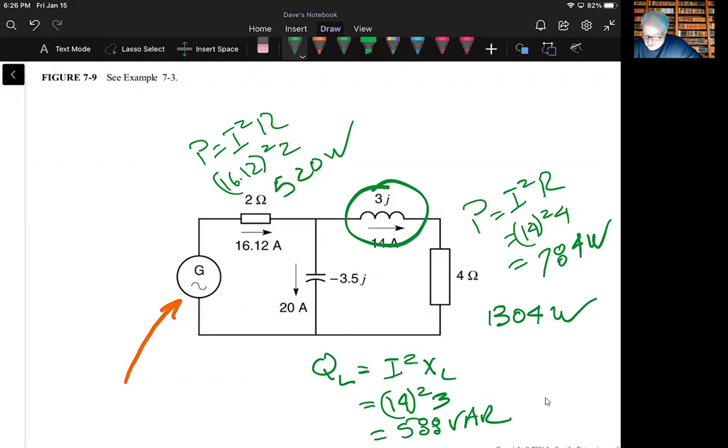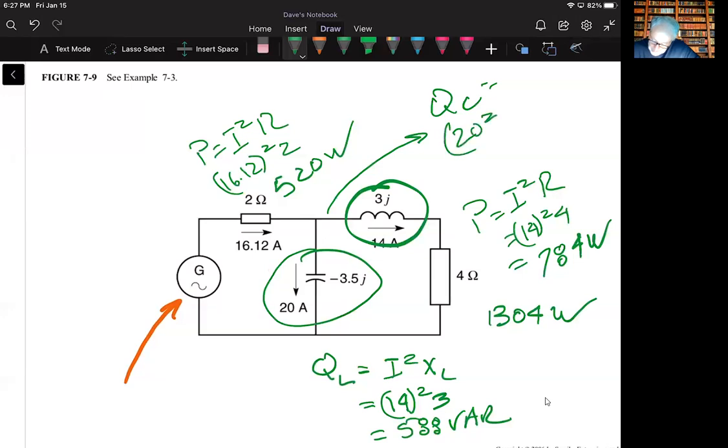Now I go to the capacitor, and luckily we didn't have to do any determination of what that current was, because we remember that was a little bit different, right? But anyway, we don't have to do that. All we need to know is that it's going to be reactive, Q sub C, and it's going to be 20 squared, the current, times 3.5 for the capacitive reactance, and that comes out to be 1,400 var.